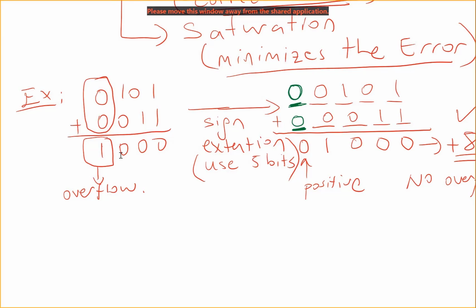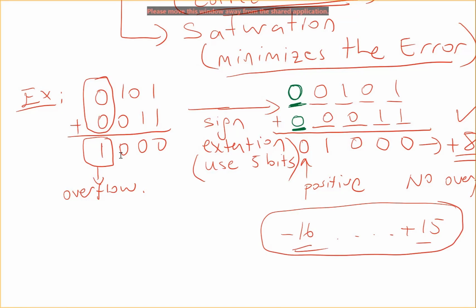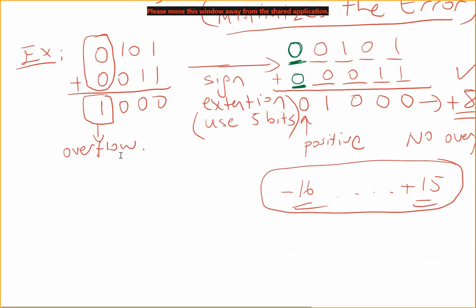In this case, since I have 5 bits, I can represent numbers from minus 16 to plus 15. So this is my range. If this range is also not enough, then you need to add more bits, adding the sign bits to the left.